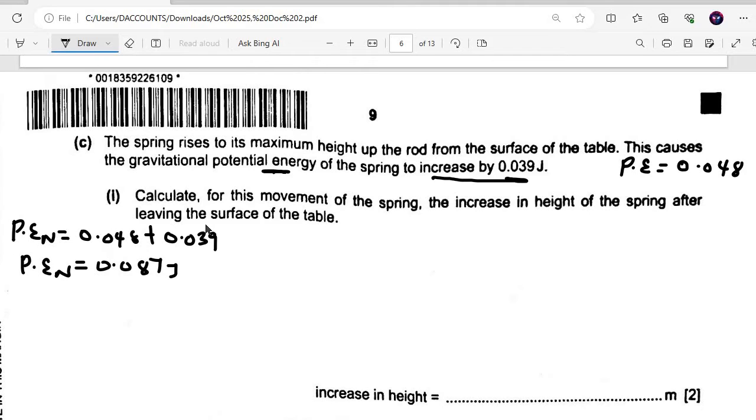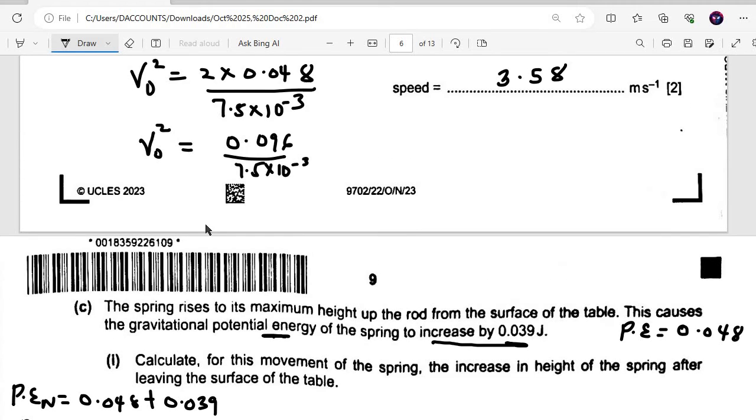So the question asks us to calculate the increase in height of the spring after leaving the surface. We have to find the increment in height after leaving the surface.